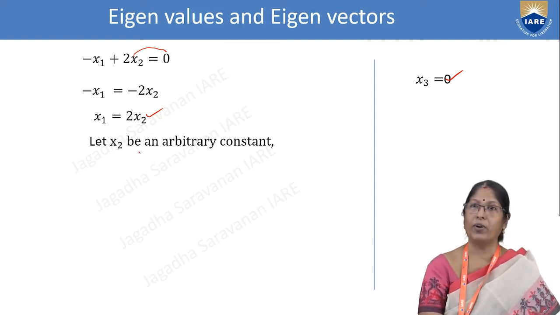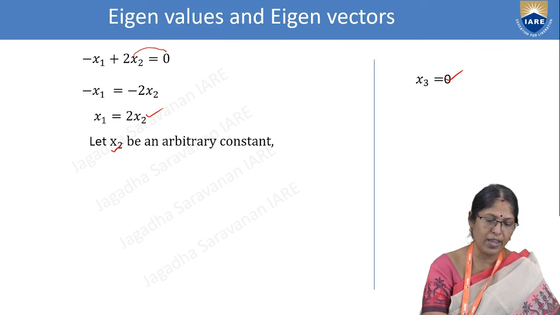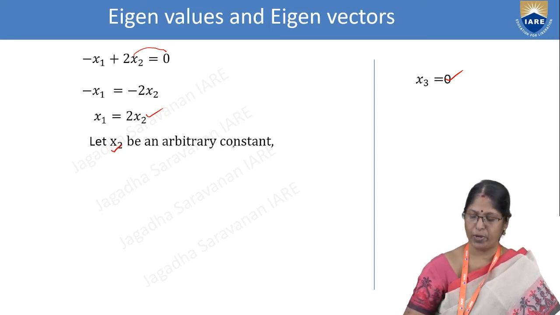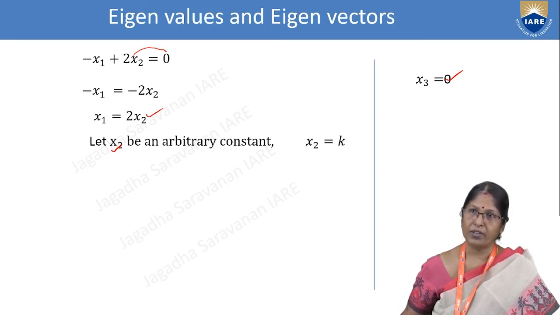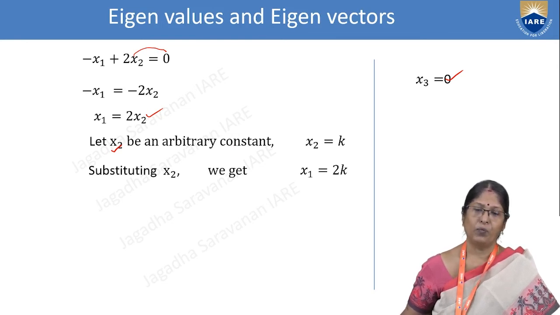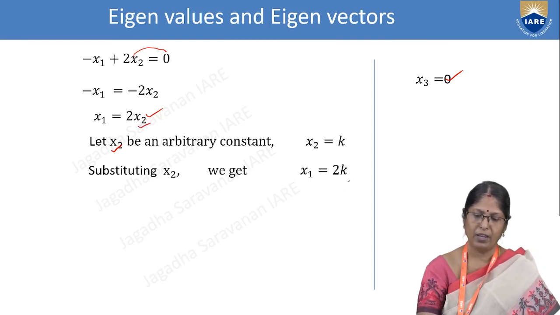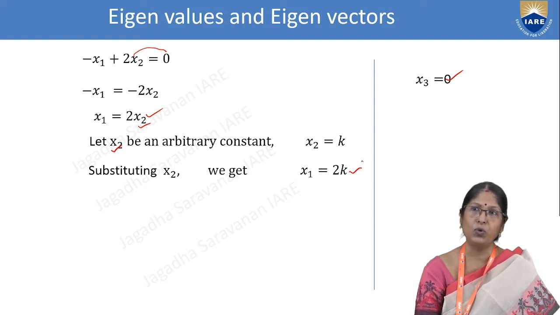So let x2 equal to an arbitrary constant. Here the genuine doubt will come: why do we have to declare only x2? Why not x1? Yes, we can declare even x1 also, either x1 or x2, one we can declare. So x2 we are taking as k. Substituting x2 as k, we got x1 equal to 2k.